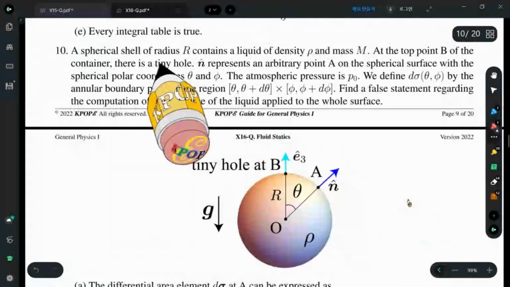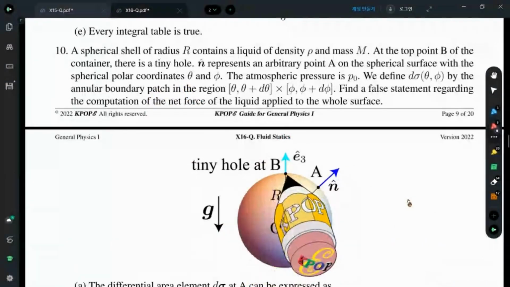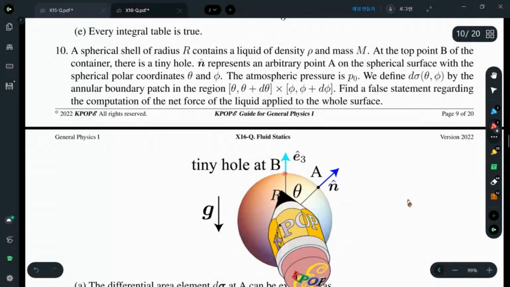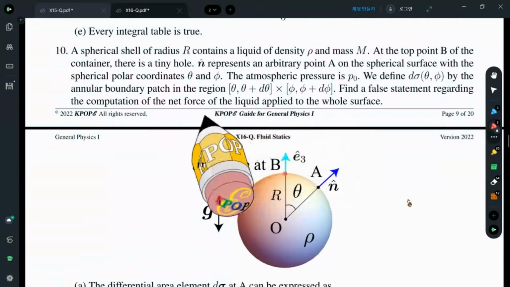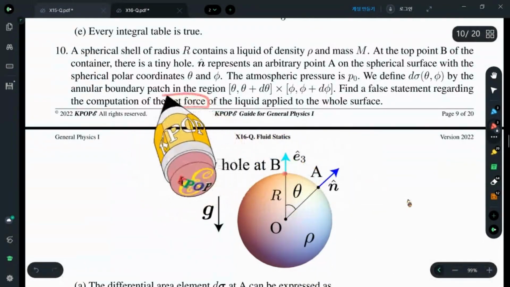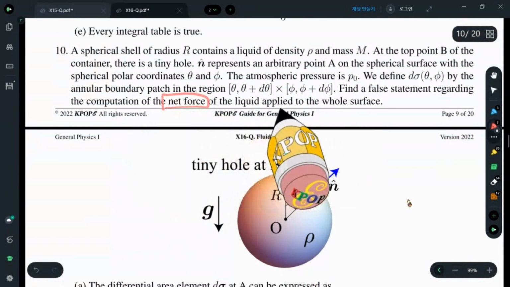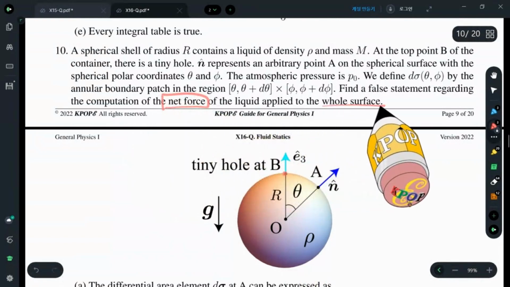A spherical shell of radius r, the same situation. There is a tiny hole here. What I would like to know is the net force of the liquid applied to the whole surface.